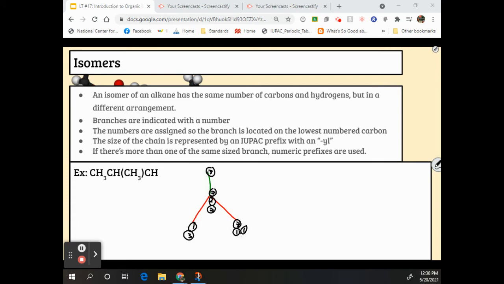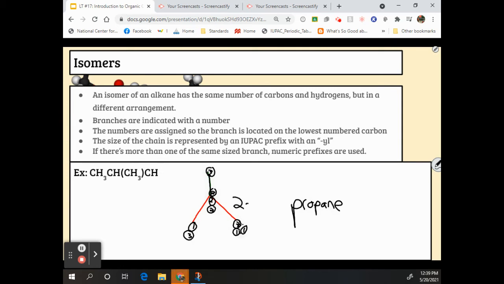So when I go to name this, I start with the longest main chain. The longest main chain is 3 carbons long. So I start with propane. And I've got a branch in the center with 1 carbon. 1 carbon is a methyl group, and it is on carbon 2.